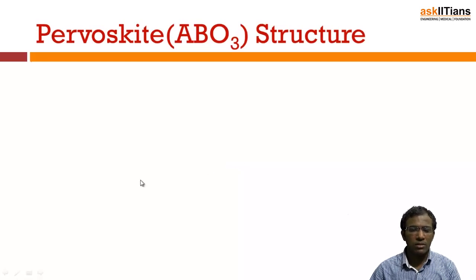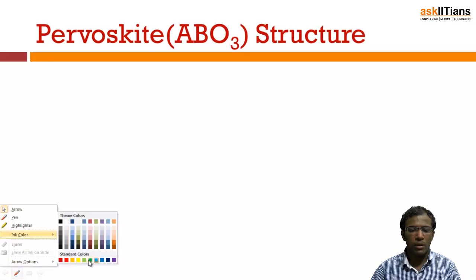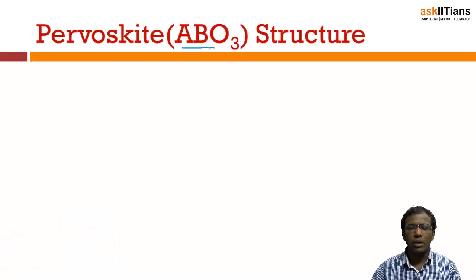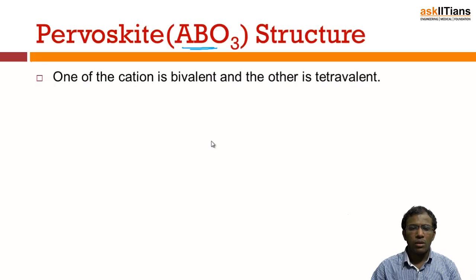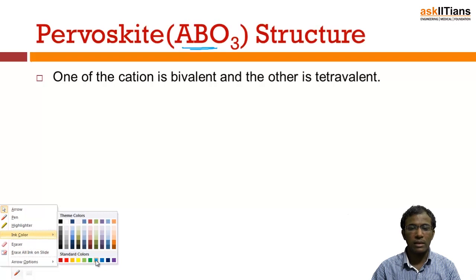Perovskite has a general formula ABO3, where the oxide ion is the anion, and A and B are both cations. One of the cations is bivalent and the other is tetravalent.